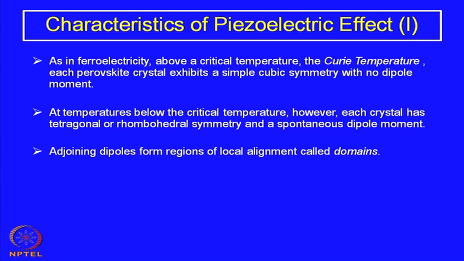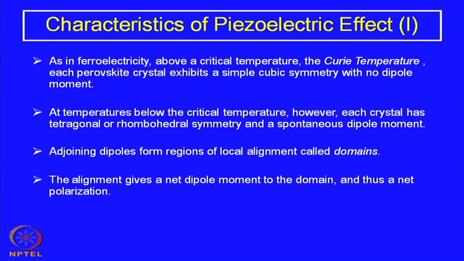Adjoining dipoles, once again, form domains, just like ferroelectric domains; we have domains in piezoelectric materials as well. Adjoining dipoles form regions of local alignment called domains. The alignment gives a net dipole moment to the domain, and thus a net polarization.